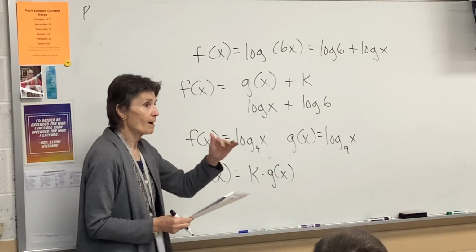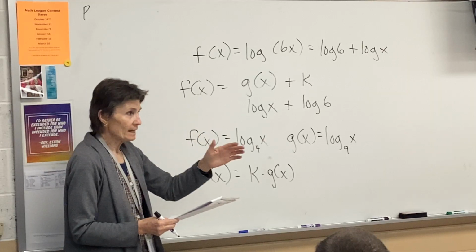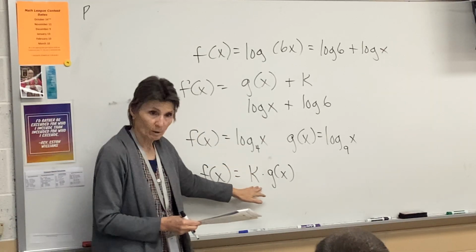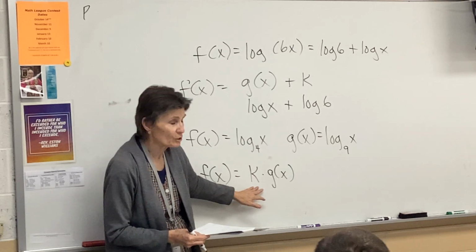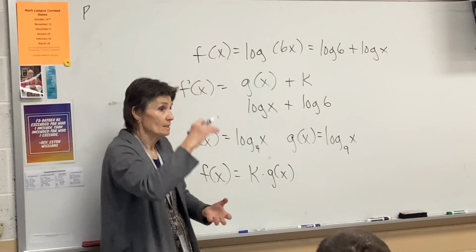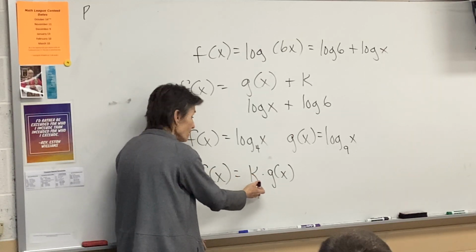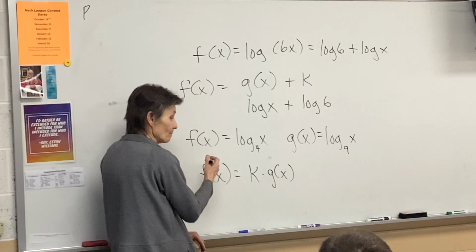So let's just stop for a second. Vertical dilation means we multiply by something, right? So if you put a 2 out here, that stretches you vertically. So this is going to be our vertical dilation right here, okay? We got to figure this out.